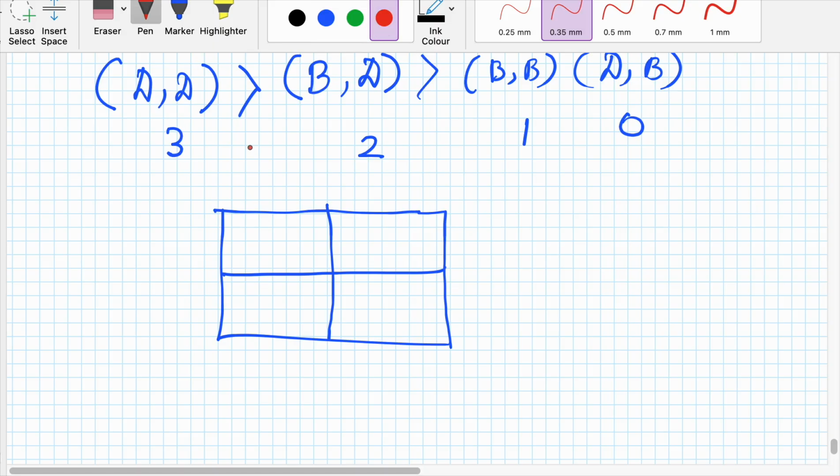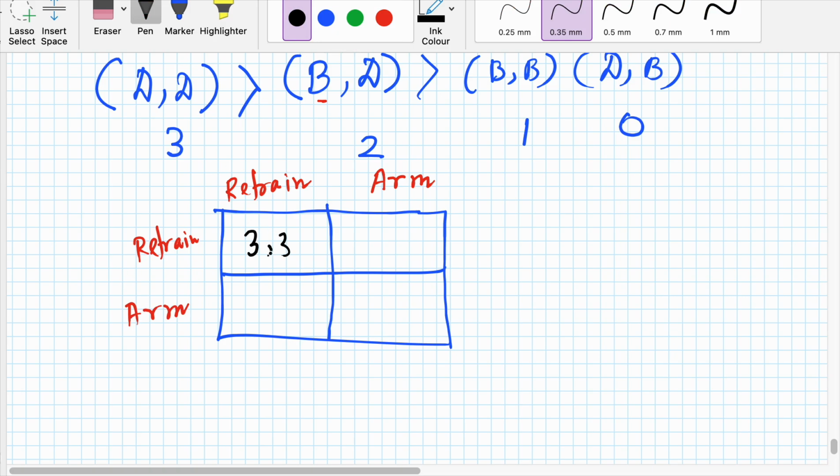For clarity I will write refrain for not making the bomb, that means refrain from making a bomb, and arm means that it arms itself. So if both of them refrain, that is most preferred, 3.